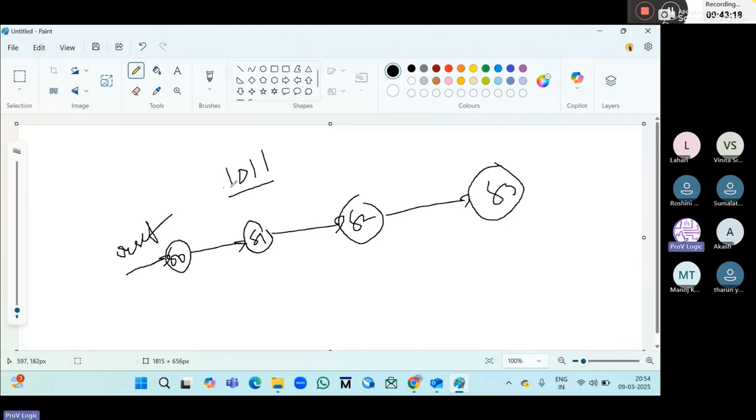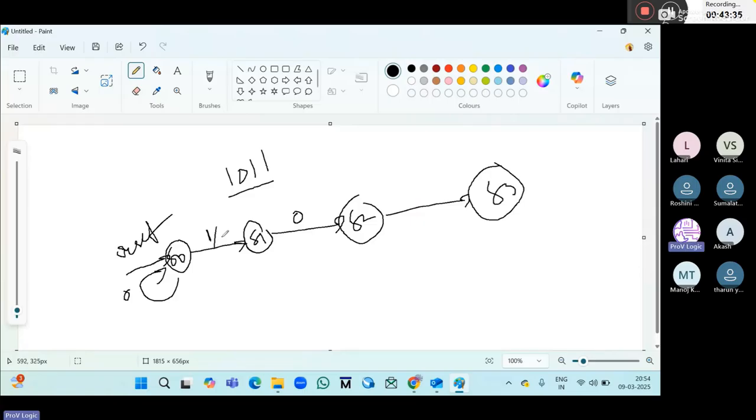So here from state 0 to state 1, it is passing one value. Here, reset value means whenever it is 0, it's the initial state, reset. And here from state 1 to S2, it is passing 0.